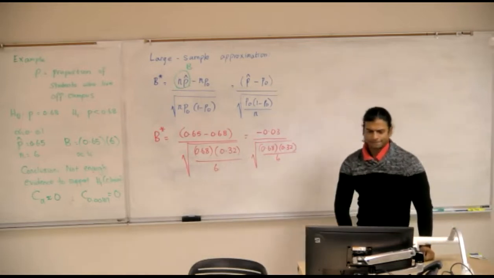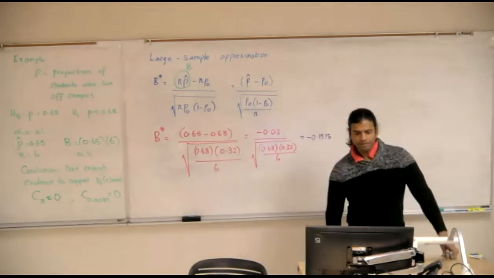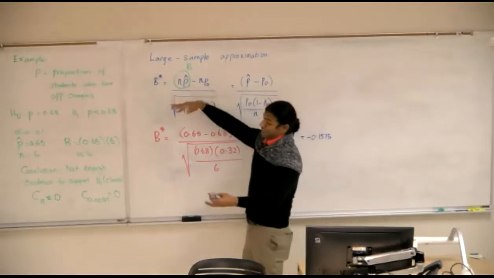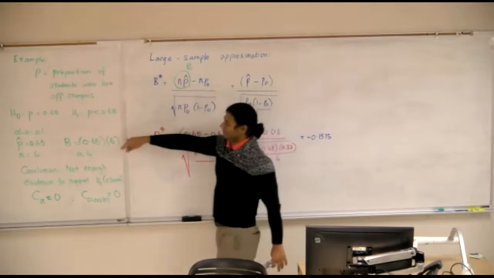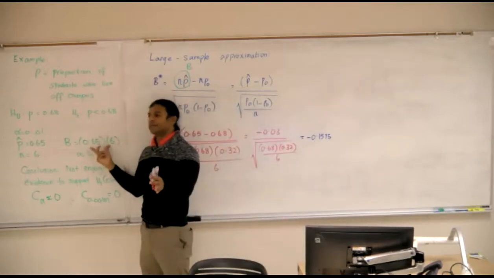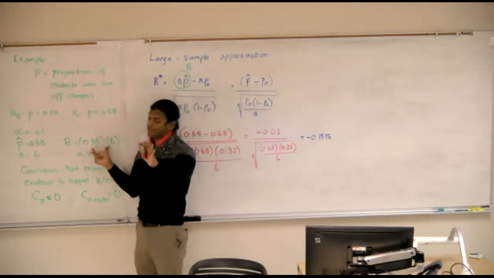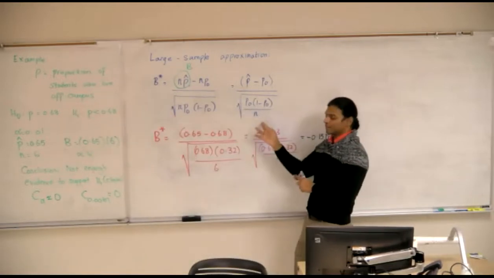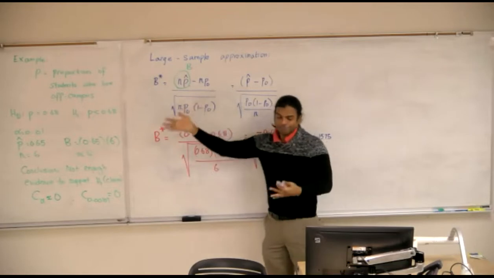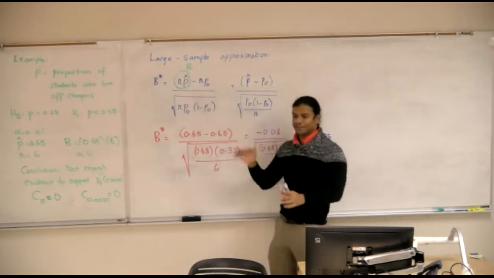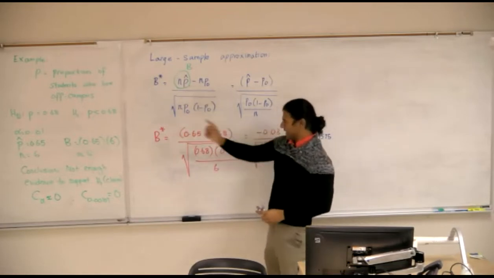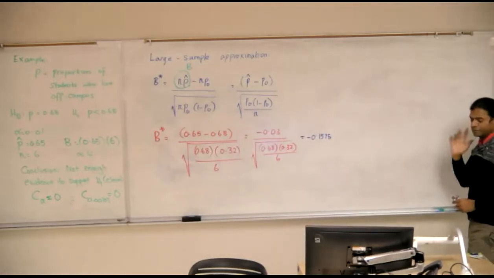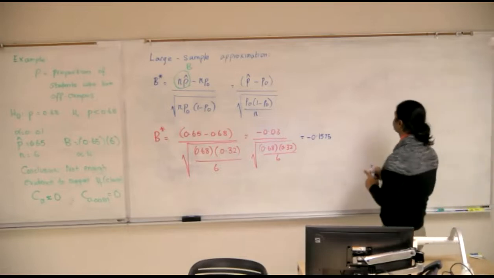What do we get? Now, if you didn't use rounding at all, in other words, you kept the number as is without rounding, you could use either. The only reason why I'm going with this is because I've rounded, but you can use either if you use the exact value. So I end up getting negative 0.1575.